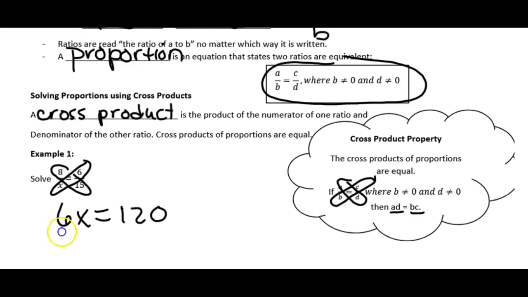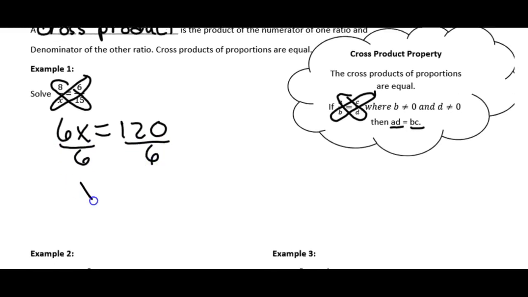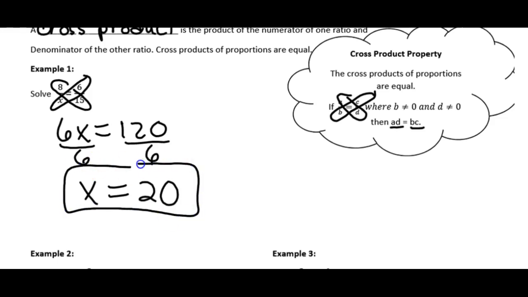And then we would divide by 6 to solve the equation. And we end up getting x is equal to 20. And you can always plug that in to see if those would be equivalent. We are not trying to figure out what x is without using algebra. We're going to use the algebra and do the cross product property.